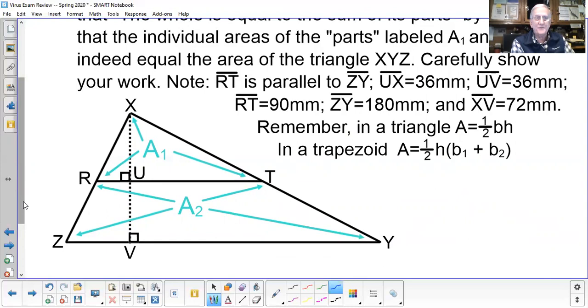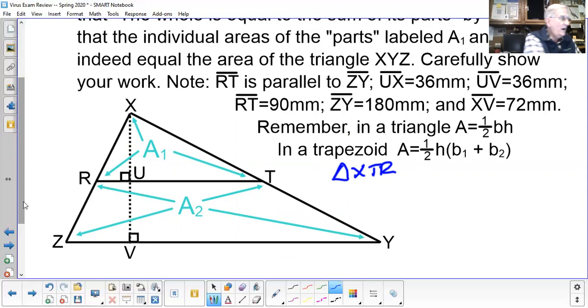So let's concentrate on finding first the area of triangle XTR. Now, what are its dimensions? Well, you can see that there is a height, a dotted distance, XU, which represents the height of the triangle that is drawn perpendicular to what we would call the base, RT.